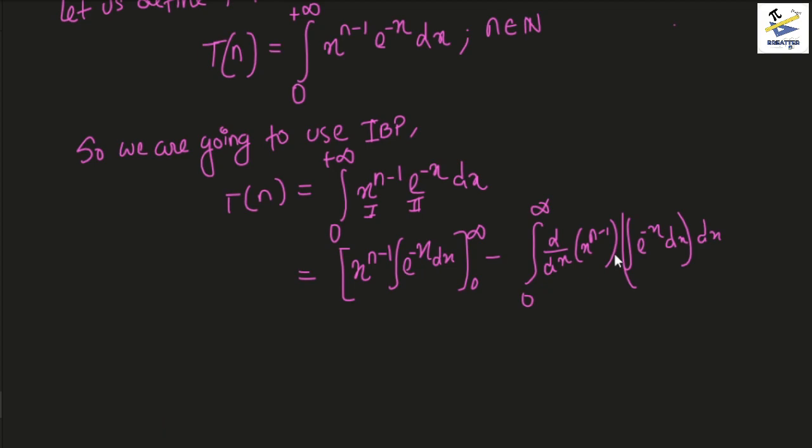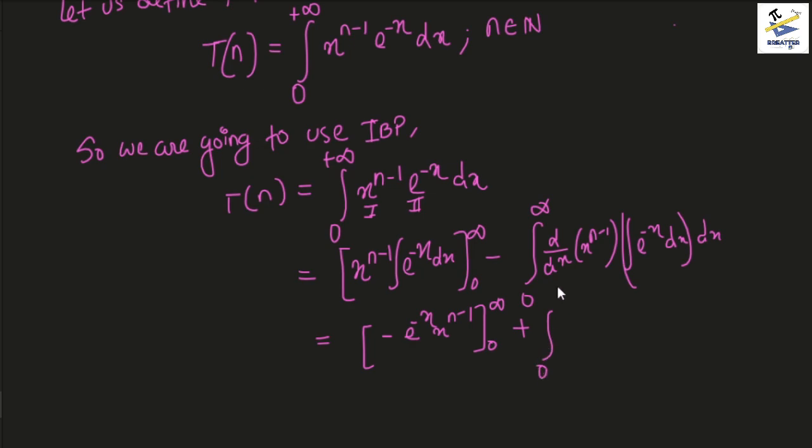Now what we hope to achieve by this is something as follows. Firstly, this integral would give minus e to the power minus x times x to the power n minus 1, from 0 to infinity, minus the integral of e to the power minus x, which would produce a minus, which would combine with this minus and become a plus.